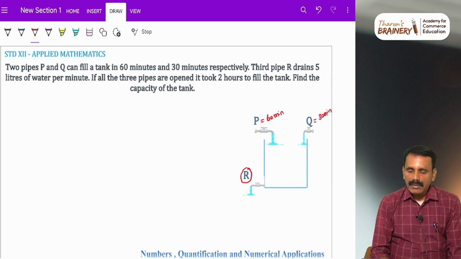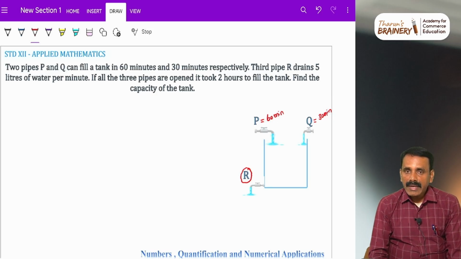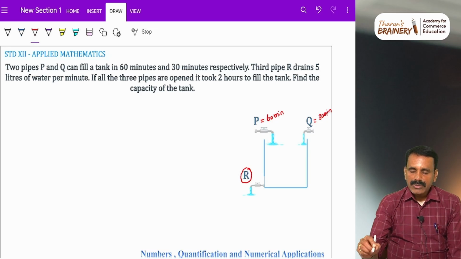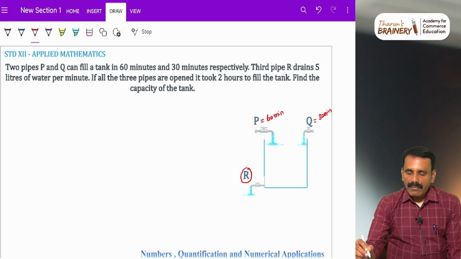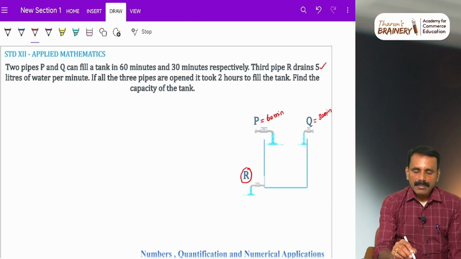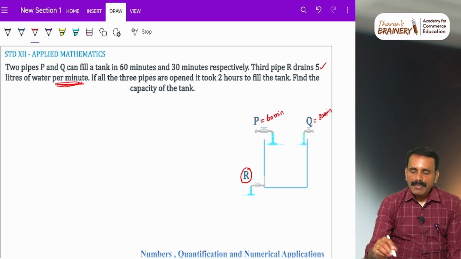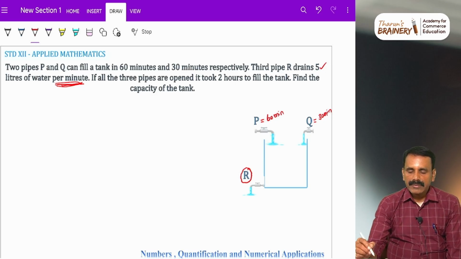And now, the time taken by this pipe R to drain the entire tank is not given, okay, but they have given it is going to drain 5 liters of water per minute. Here we are going to calculate the capacity of the tank.